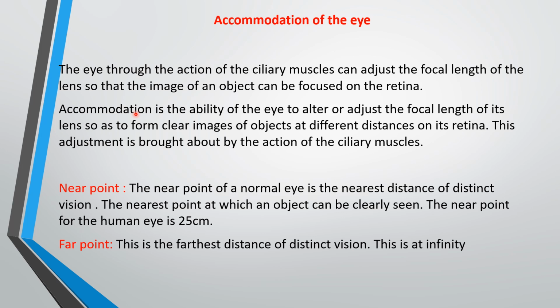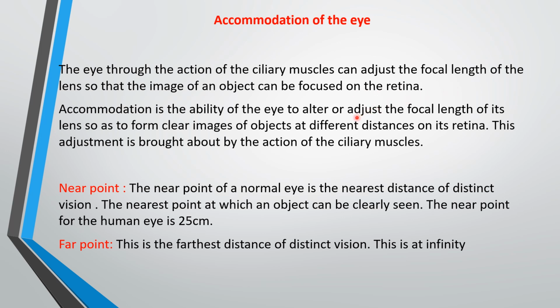Then when the object is far away, you try to open your eyes so that you can also see the object. So the eye, through the action of the ciliary muscle, can adjust the focal length of the lens so that the image of an object can be focused on the retina.